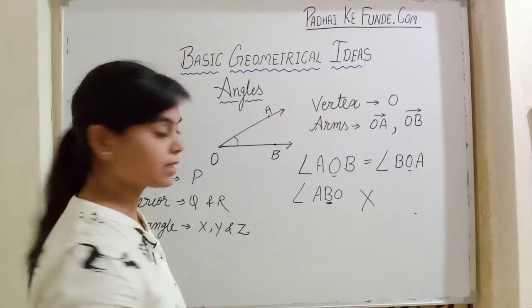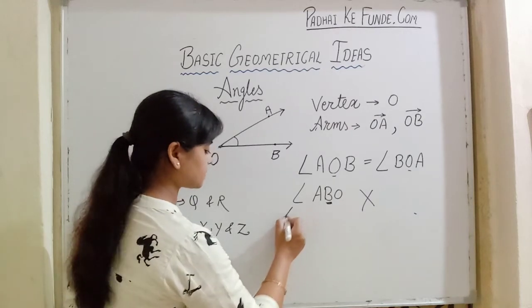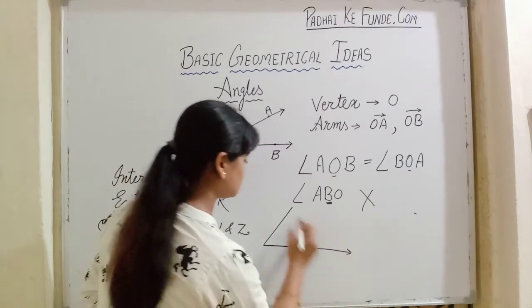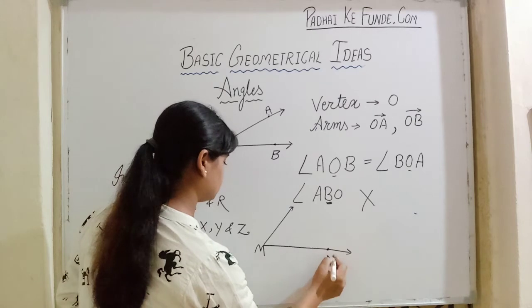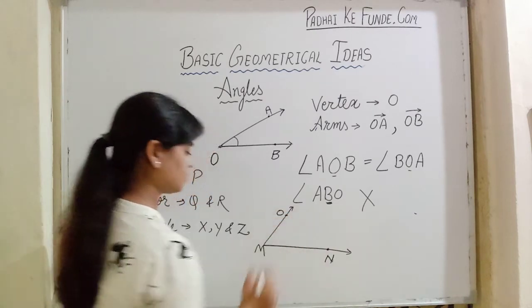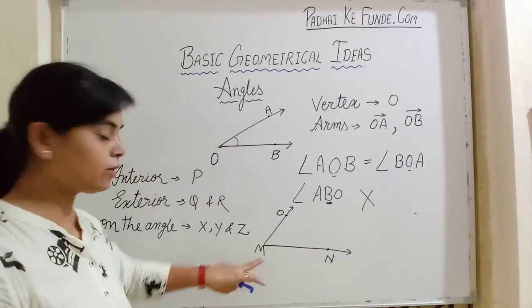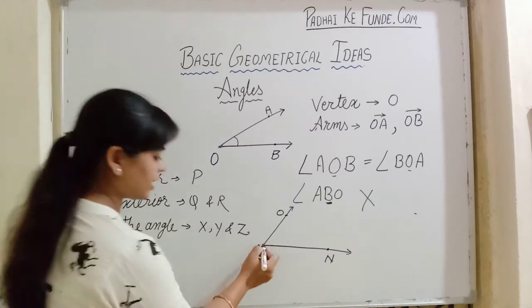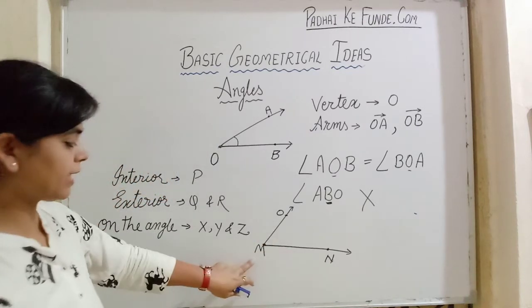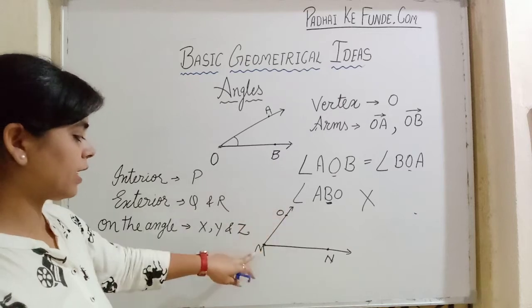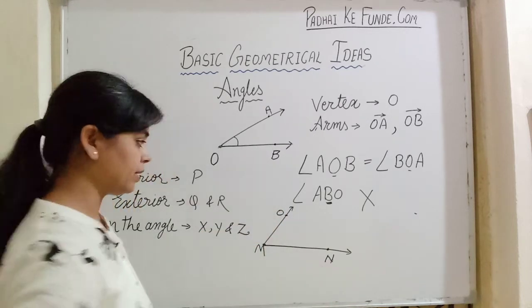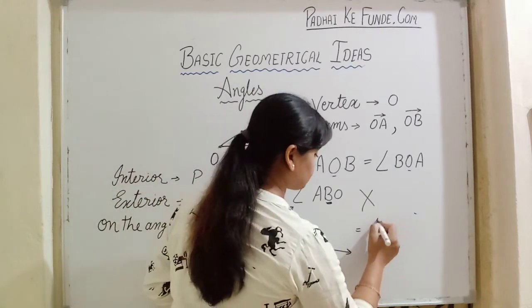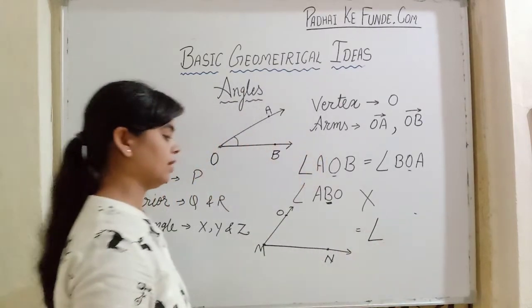Let us take one more example to make it more clear. If I want to write the name of this angle, here this is the vertex M, with ray MO or OM, and another ray MN. So we will write its name first with the symbol of angle.